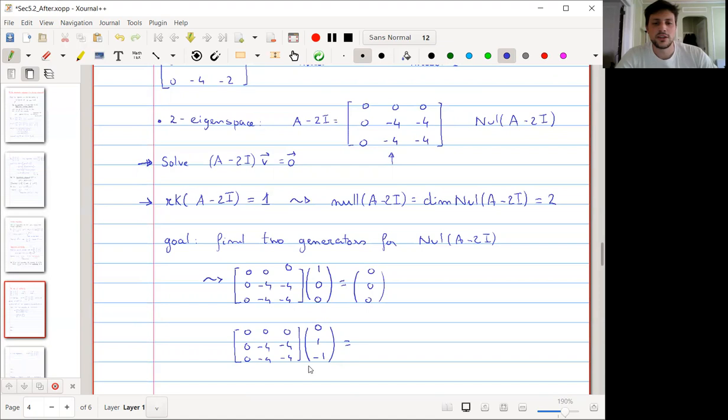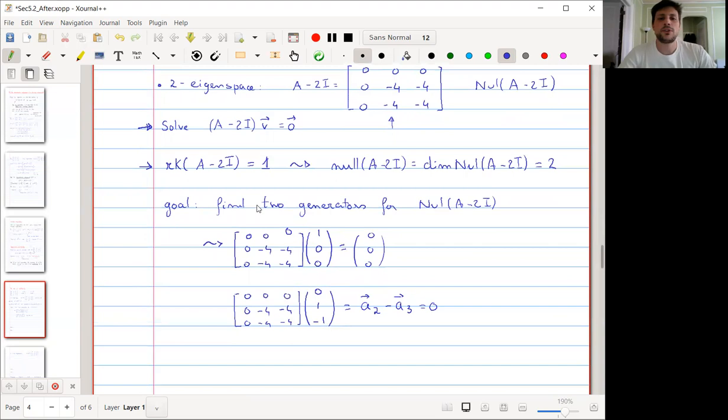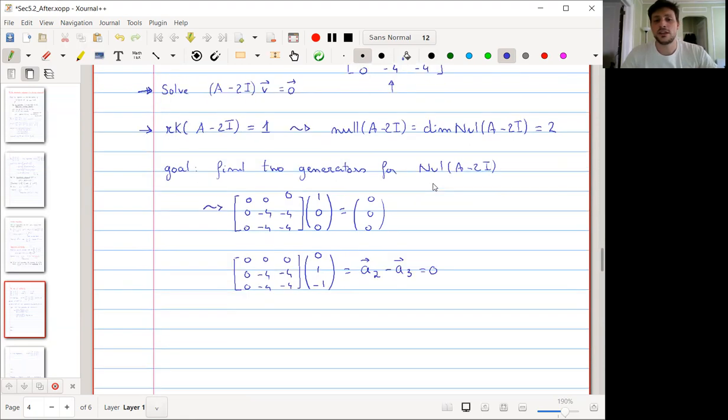You just realize from here that this is exactly A2 minus A3, which is 0, where A1, A2, and A3 are the columns of the matrix. So we found two generators, 1, 0, 0, and 0, 1, minus 1. They're linearly independent, so they're a basis for the null space because the null space has dimension 2. And a system of generators with the same number of vectors as the dimension is a basis.